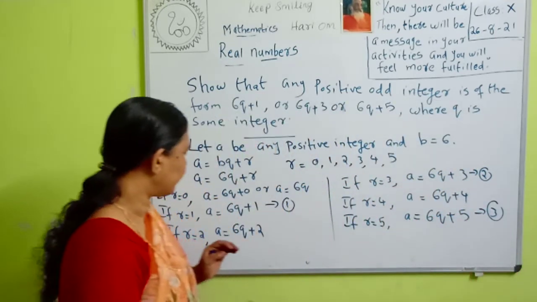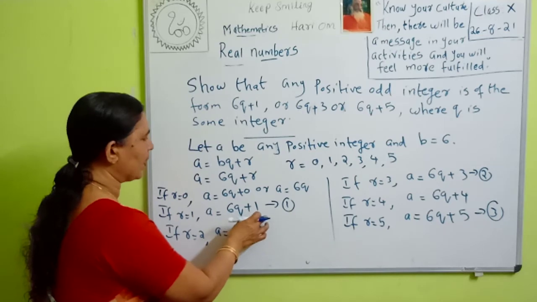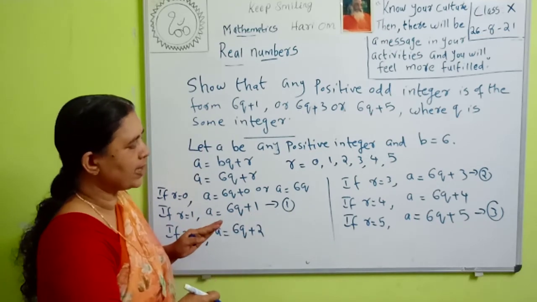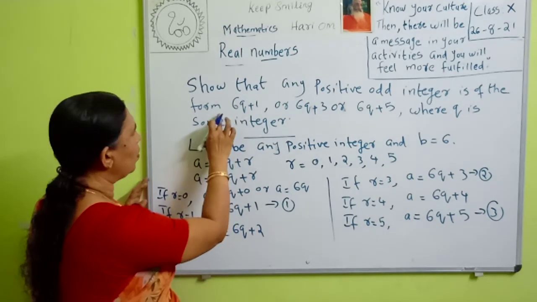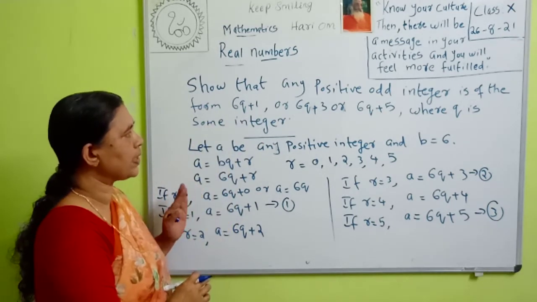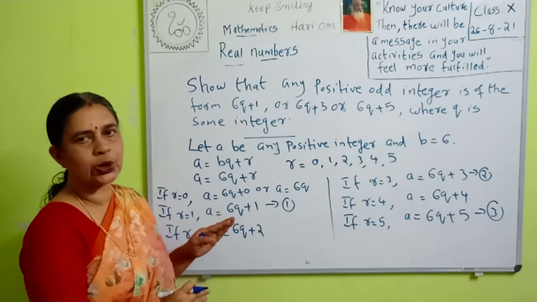What are they? First one, a is equal to 6q plus 1. Second one, 6q plus 3. And third one, 6q plus 5. Therefore, any odd integer is of the form 6q plus 1, 6q plus 3 or 6q plus 5.